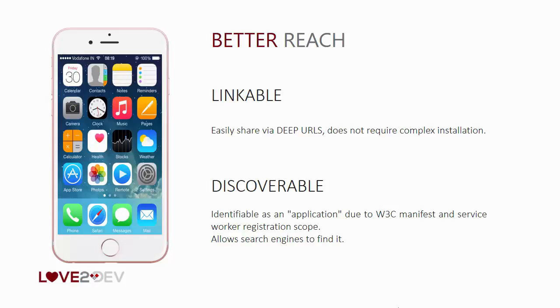In fact, native applications mean you have to launch the application, go to the default home screen, and then try to navigate your way to the information you were actually looking for. Whereas a link that you share can go directly to the content on your progressive web application.